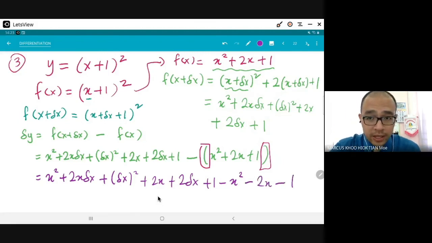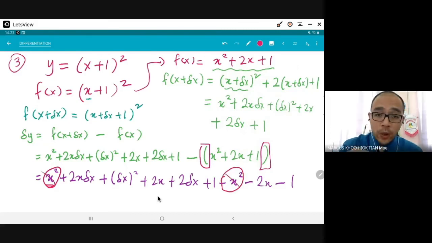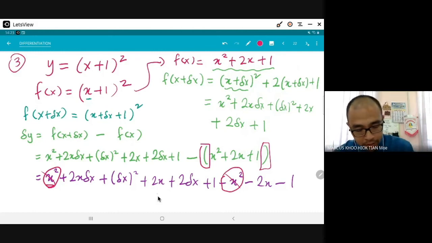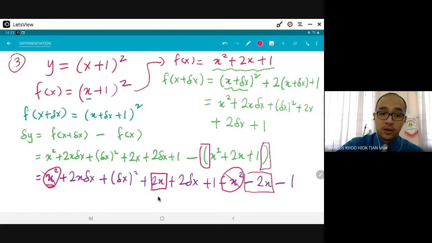So the good news about this is, many things will cancel. Okay, take a look. So the x squared and minus x squared will be cancelled. So x squared minus x squared will be 0. Okay, and then the 2x and the minus 2x will also be out, 0.